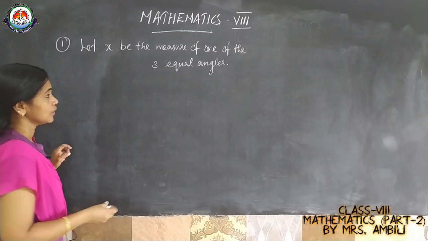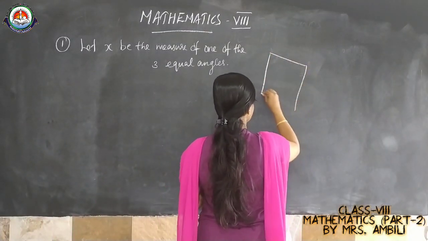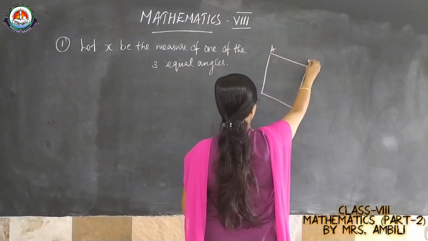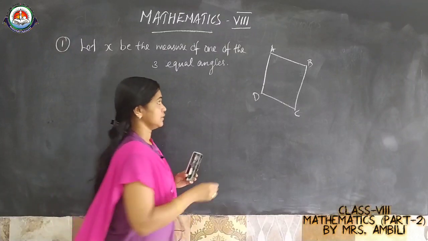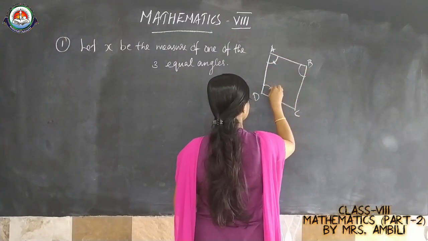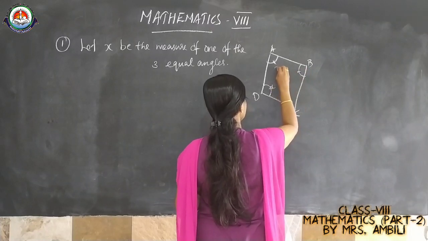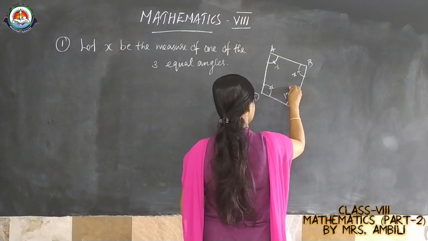Okay. So, if you need, we can draw a figure here. Quadrilateral, we can name it A, B, C, D. The 3 equal angles, you can give it as x, meaning all of these are x. And the fourth angle is 120 degrees, it is given.